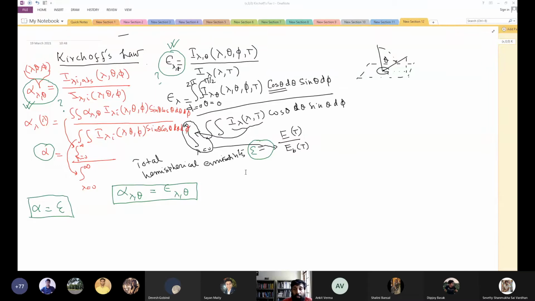But this is our premise, that we'll take these as true for all surfaces, and then we'll see what additional assumptions we need to make to establish the equality of alpha and epsilon.